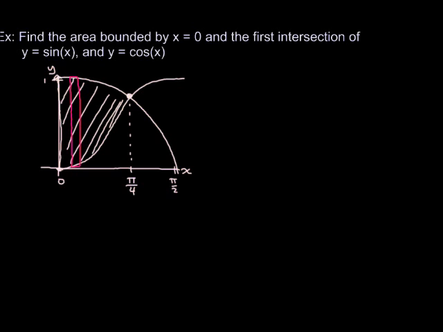And we see that the length of the base of our rectangle, again, is delta x, or dx. And the height of our rectangle is going to be y top minus y bottom. So when we look at what the top function is, top function here is cosine. And then the bottom function is sine.